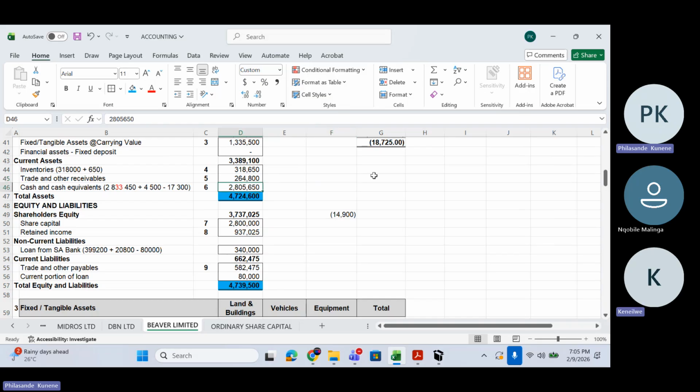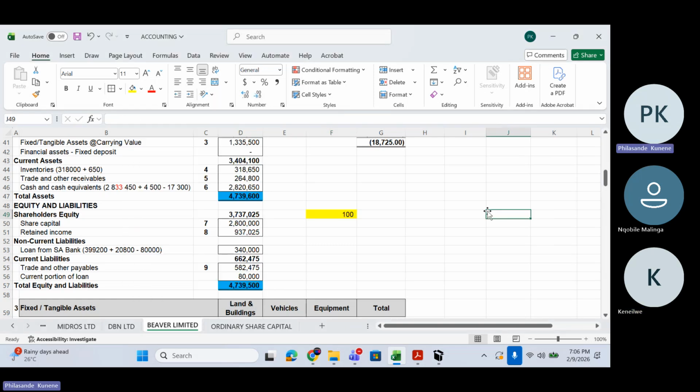Let me double check. 2,833,450. I'm getting 282. I think I put something wrong here. Yeah, 2,820,650. We're still off by 100 rand.